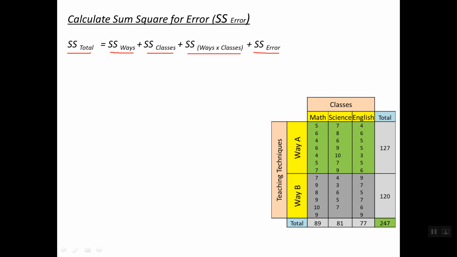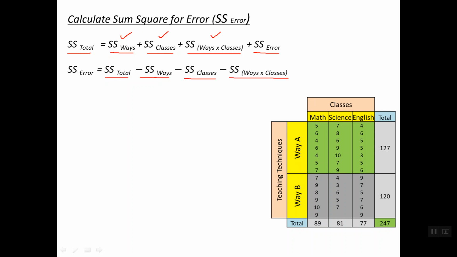So simply we can move all the known values to the opposite side, so the signs for these will be opposite. So SS error is equal to SS total minus SS for ways minus SS for classes minus SS for the interaction.